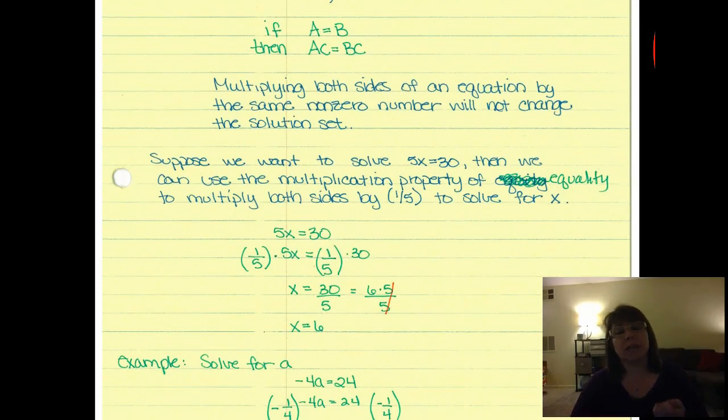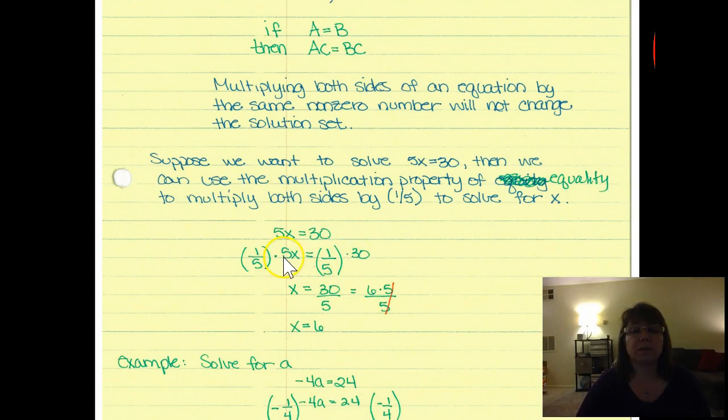Then we can use the multiplication property of equality to multiply both sides by the reciprocal of the coefficient in front of x, in this case 1/5. We can multiply both sides by that, and 5x equals 30 becomes 1/5 times 5x equals 1/5 times 30.